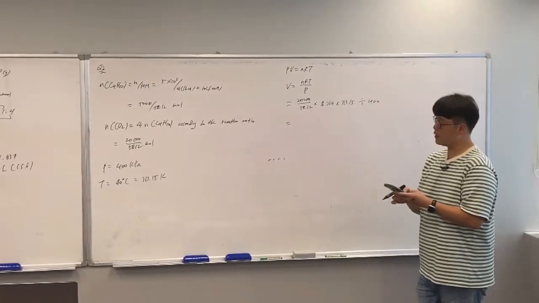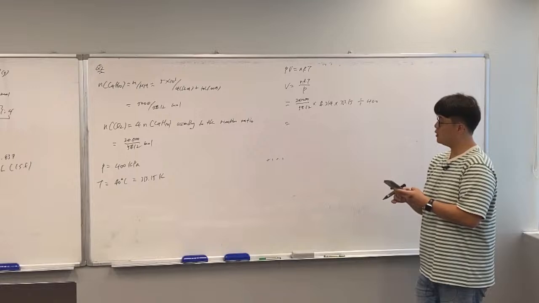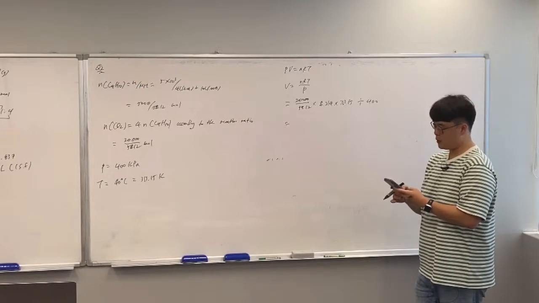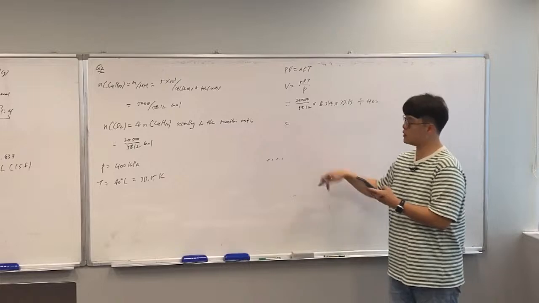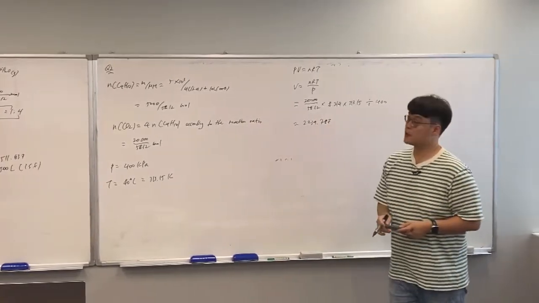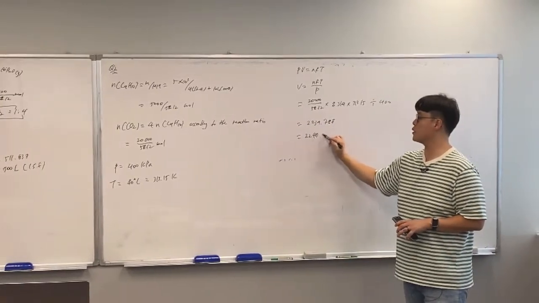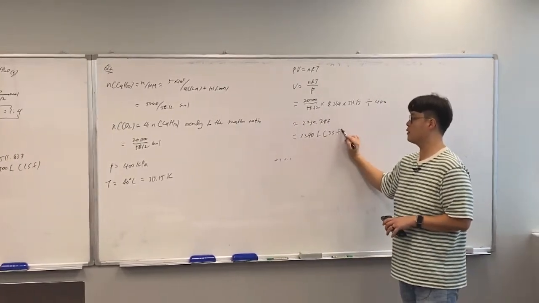Then just put that in your calculator: divided by 58.12 times 8.314 times 313.15 divided by 400, you'd get 2239.787. Round that to 3 sig figs. This is then 2240 liters in 3 sig figs.